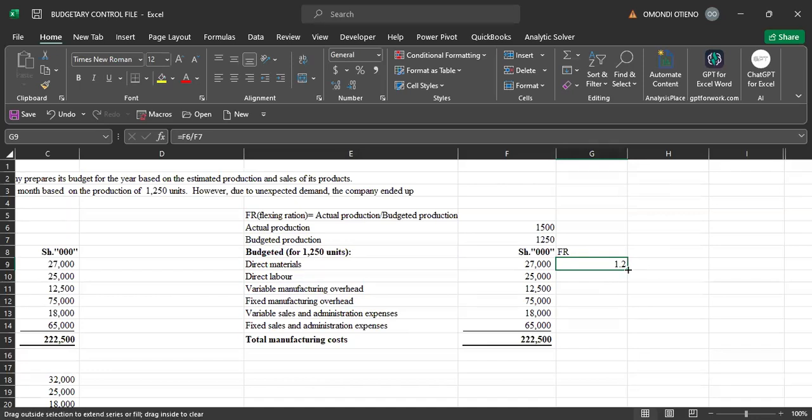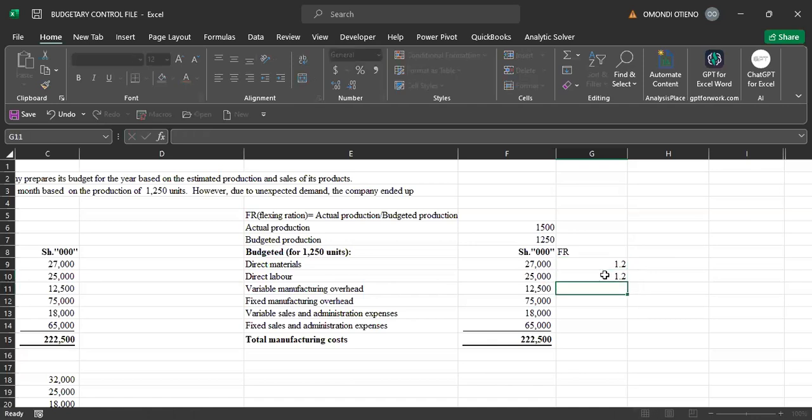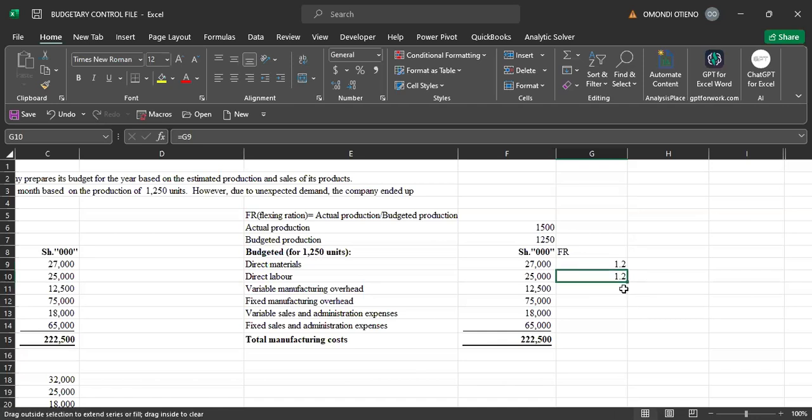Remember, direct labor is dependent on the units of output. So we are going to have it there. Good. How about variable manufacturing overheads? Do we need it there? Yes.